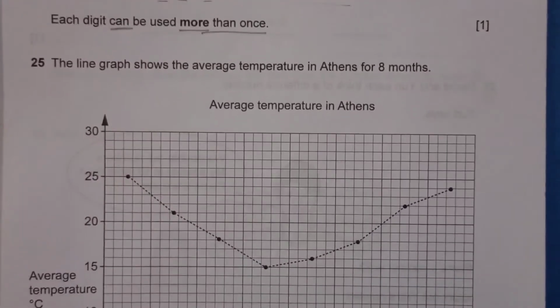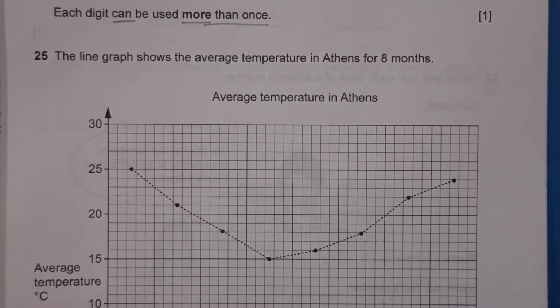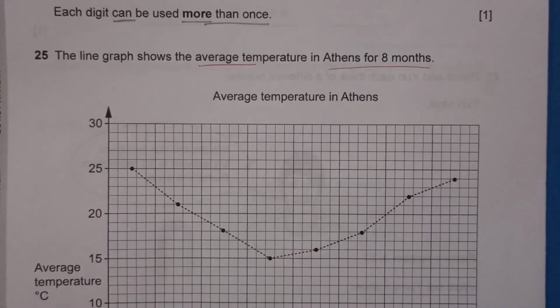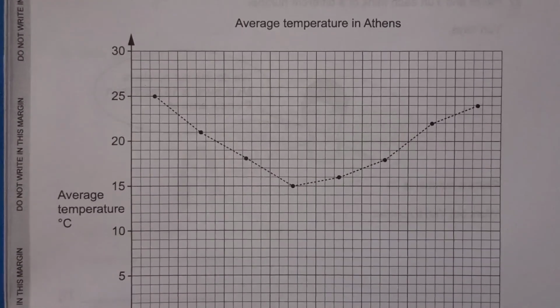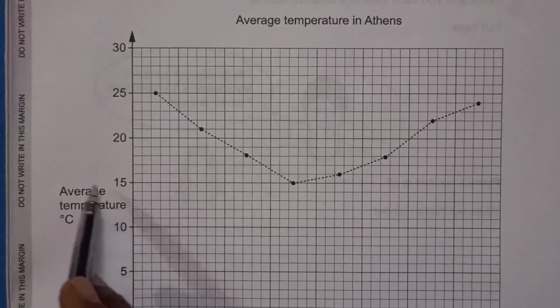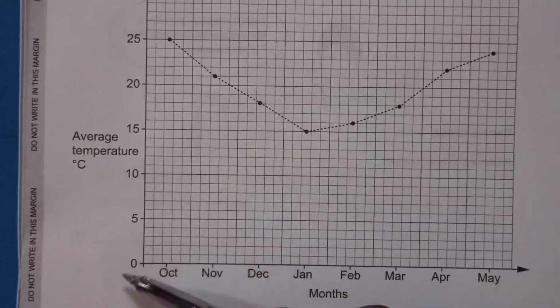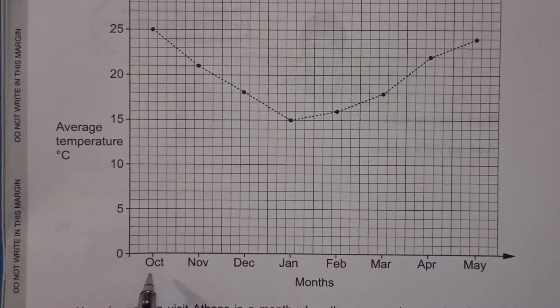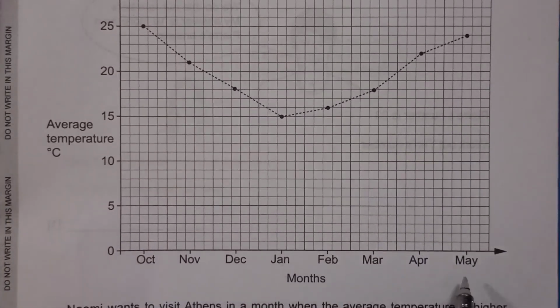Now question number 25. The line graph shows the average temperature in Athens for 8 months. You can see temperature is on this side, starting from 0 up to 30 degrees, and here we have the 8 months, October to May.